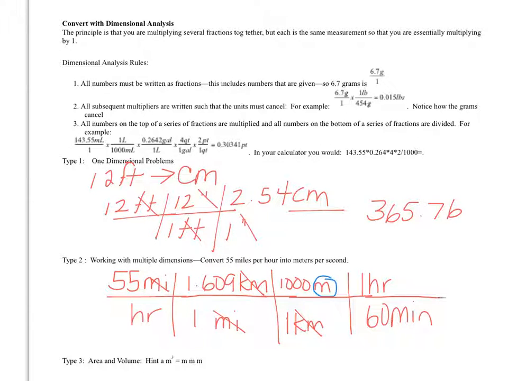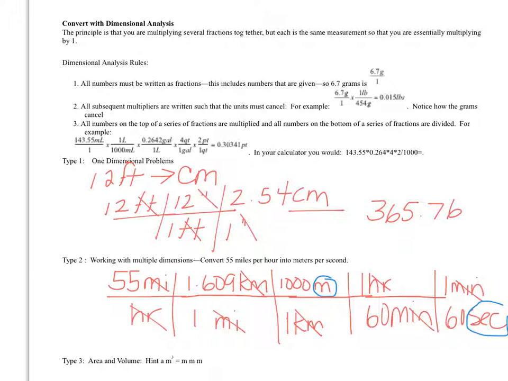I need seconds. So what else do I know? 1 minute, 60 seconds. So notice hours cancel, minutes cancel, and the unit in my denominator is seconds. So now I have my unit in my numerator and my unit in my denominator.